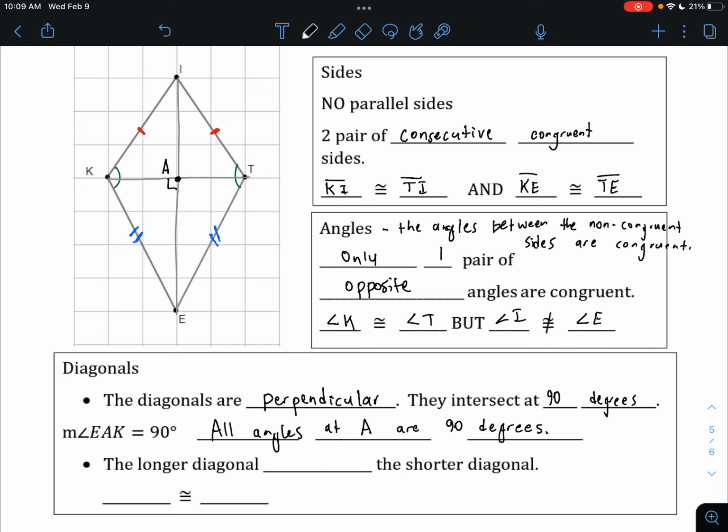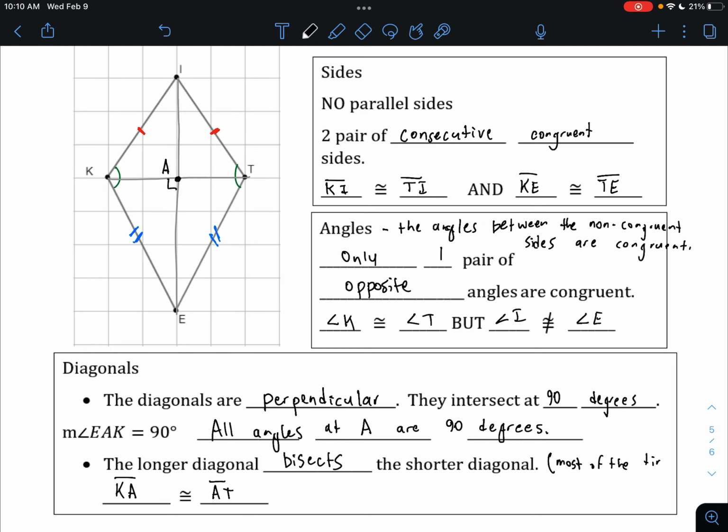Now the last thing that this tells us is that the longer diagonal bisects the shorter diagonal, which in this diagram tells us that KA is congruent to AT. And that's true most of the time.